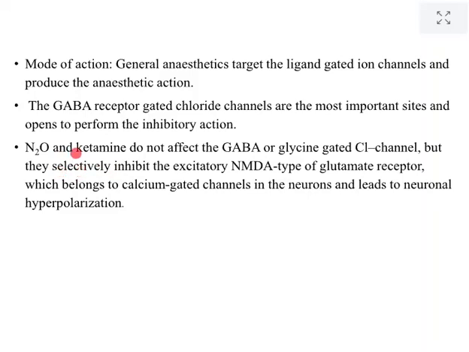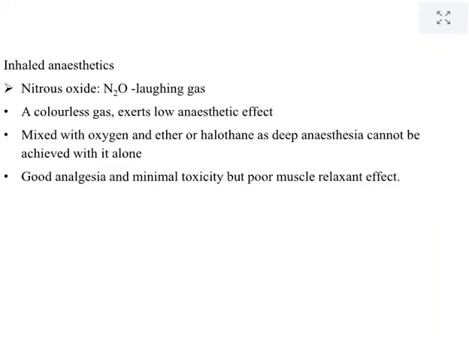Once that happens, then for sure you will have the CNS depression. Once you have the CNS depression, you have your anesthetic activity. Sometimes they do say that it is a bit hard to understand some of these modes of action, but basically those are the modes of action of the general anesthetics.